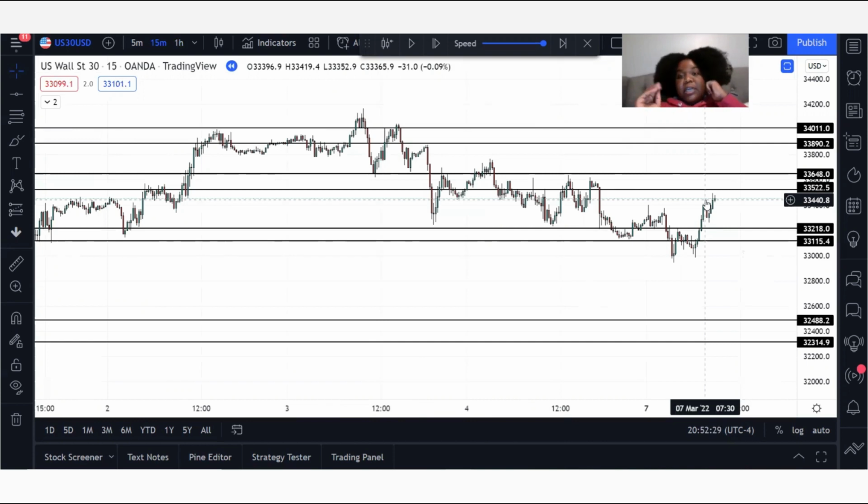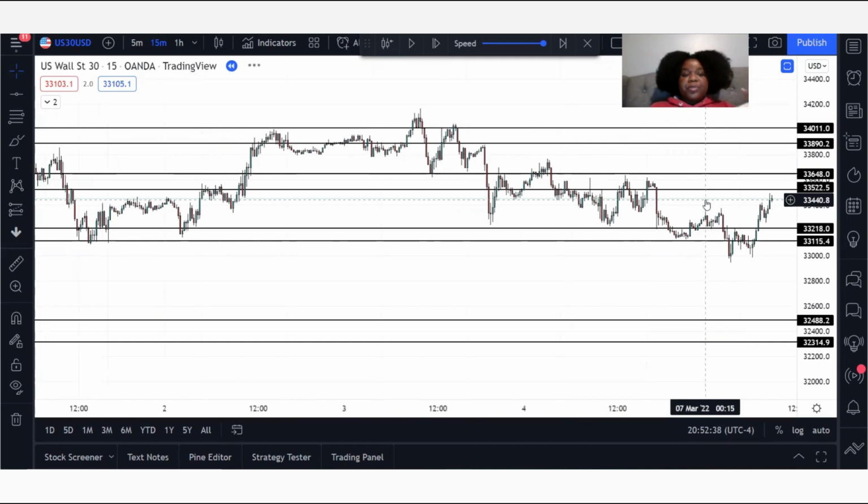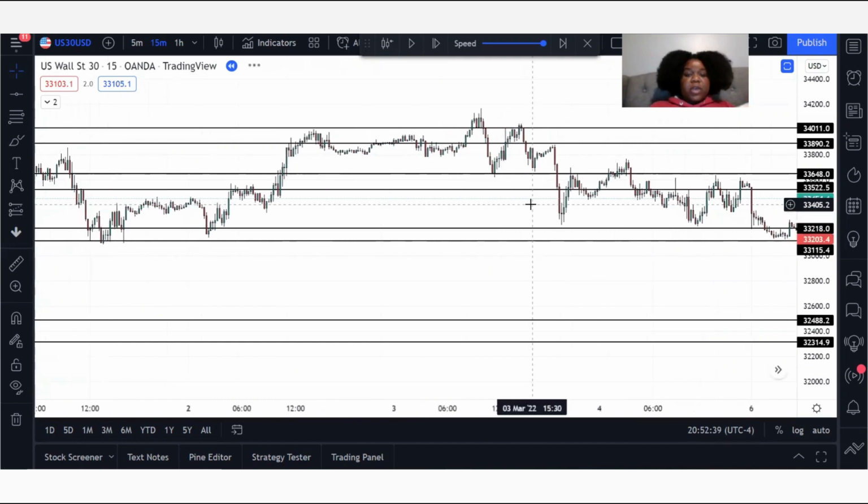I don't usually day trade by looking at the chart the whole day. I'm usually just in and out.